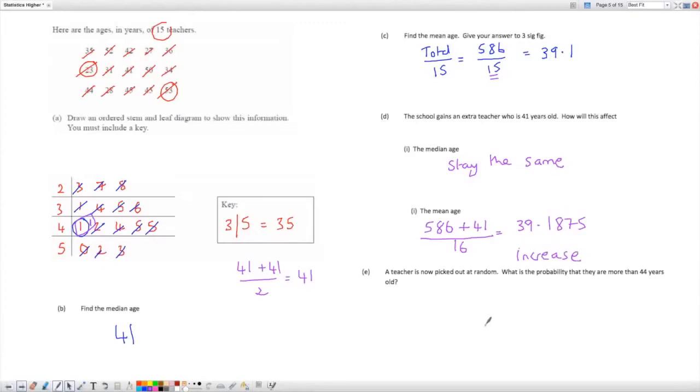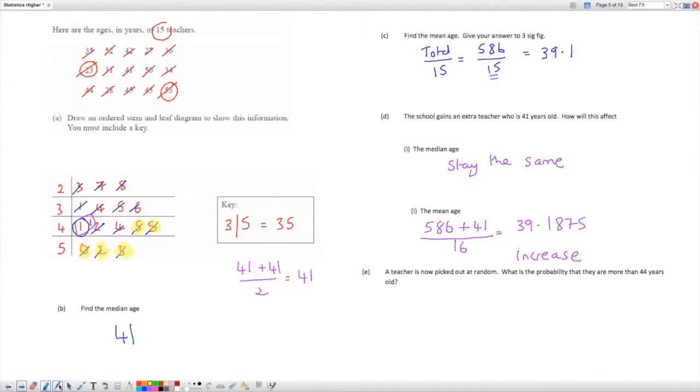We're then told that a teacher is now picked out at random and asked what is the probability they are more than 44 years old. So taking your highlighter, let's identify how many of the teachers are more than 44. So that doesn't include 44, 45, 2, 3, 4, 5.